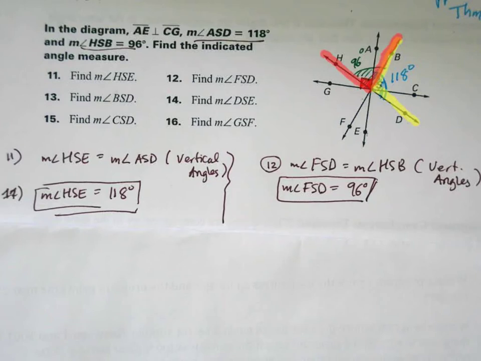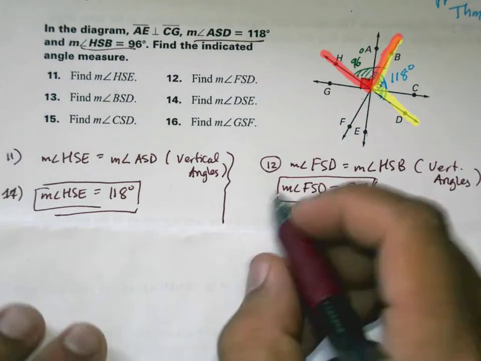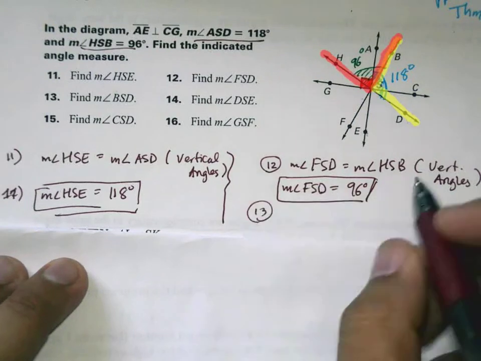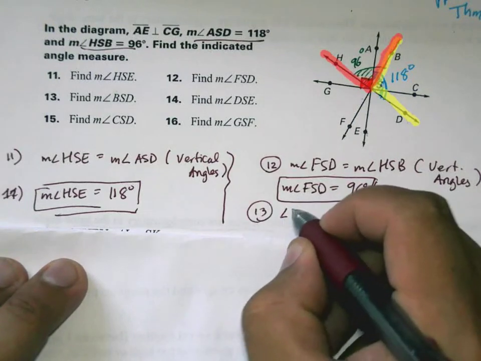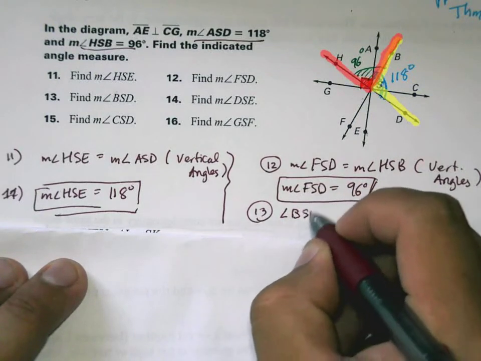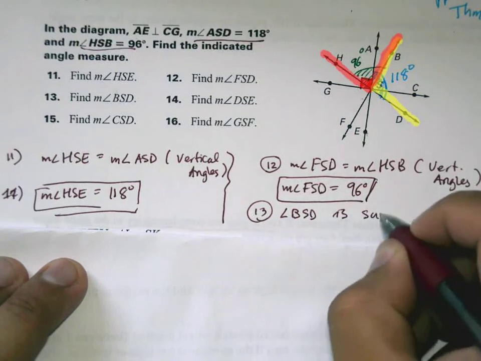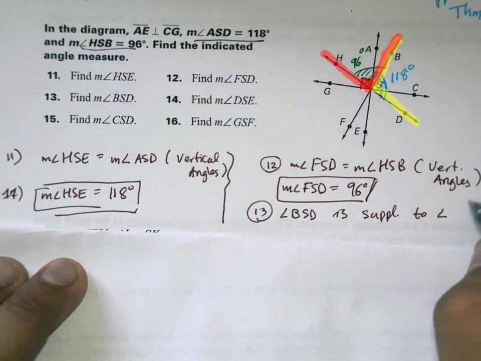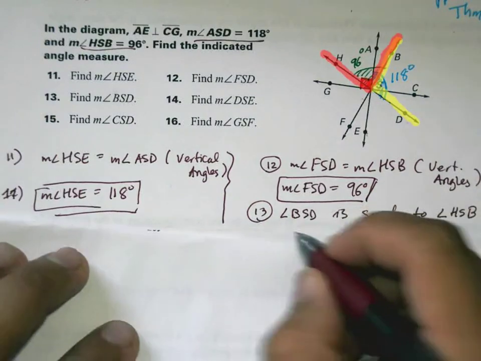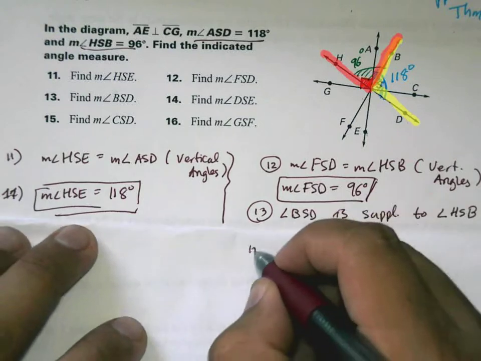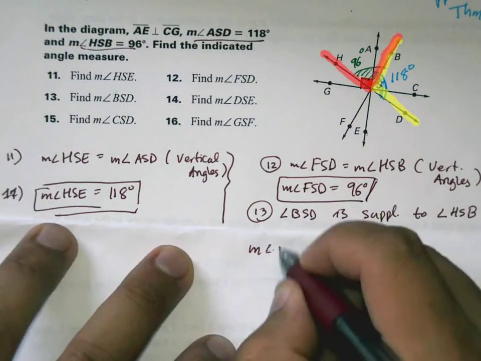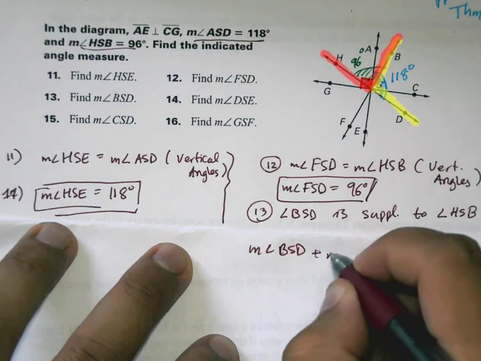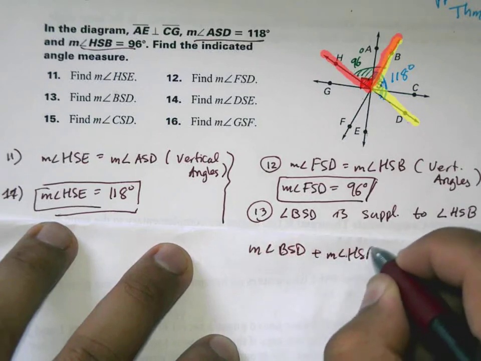So now we can say for number 13 that angle BSD is supplementary to angle HSB. That means that the measure of BSD plus the measure of HSB must be equal to 180 degrees. That's what supplementary means.